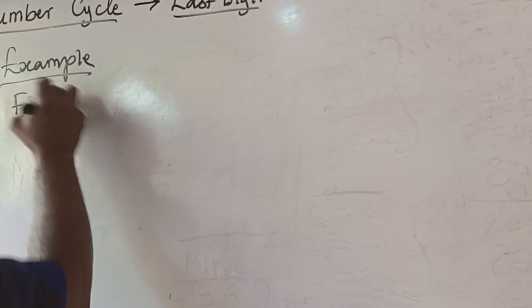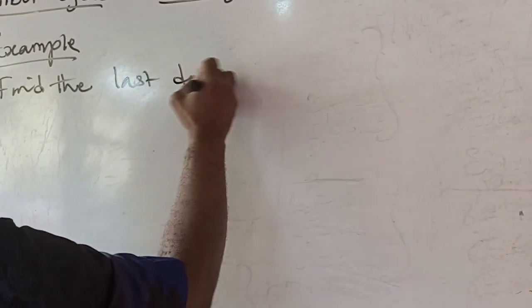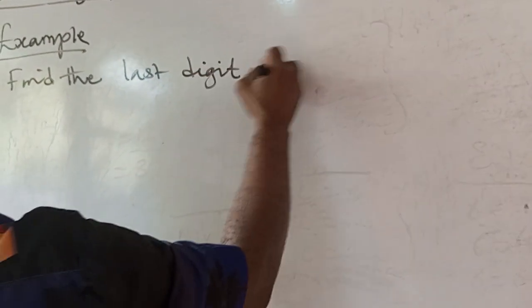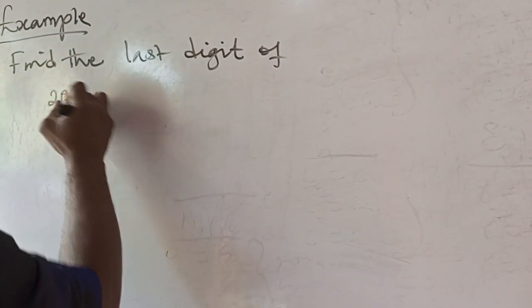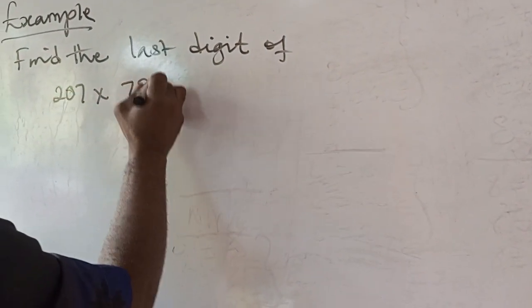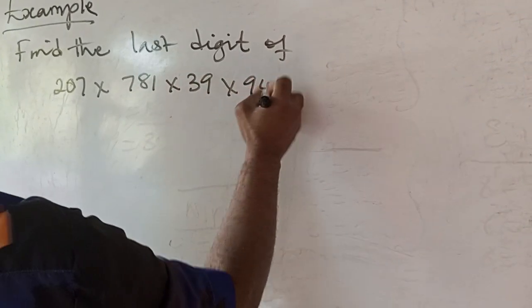Find the last digit of the number 207 times 781 times 39 times 94.